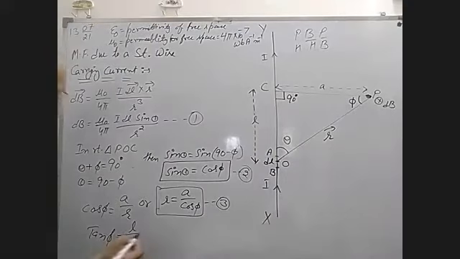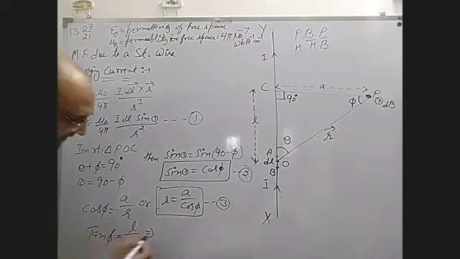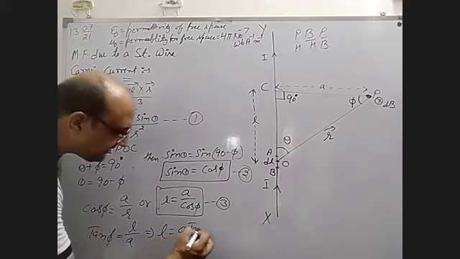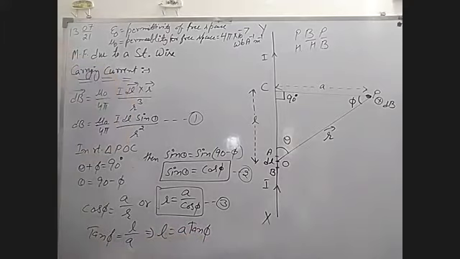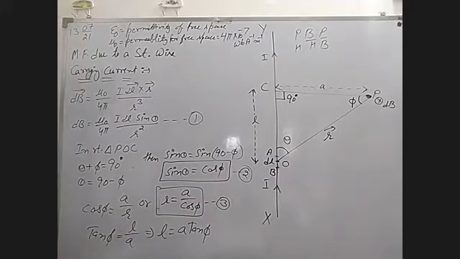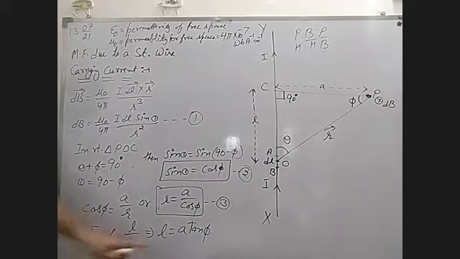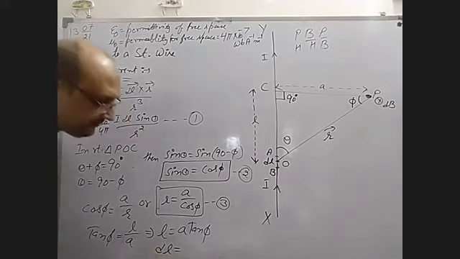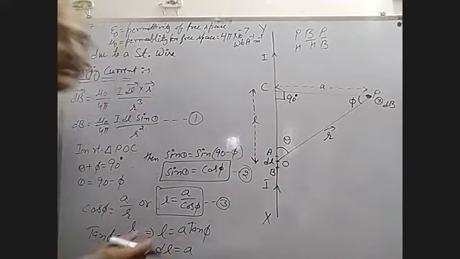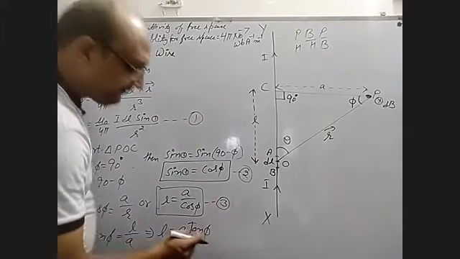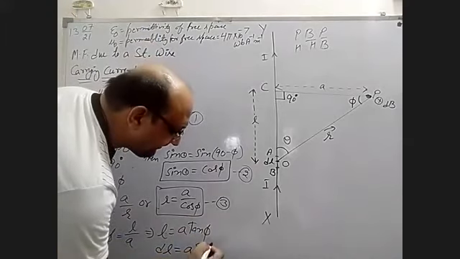By cross multiplying, L is equal to a tan phi. Now differentiate L with respect to phi: dl is a times the differentiation of tan phi, which is secant square phi.